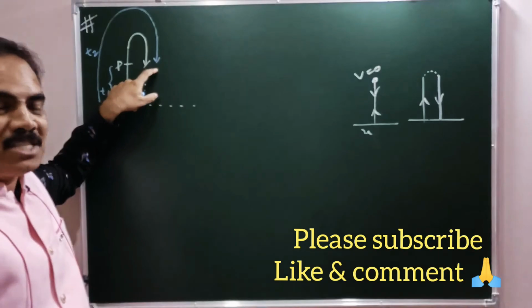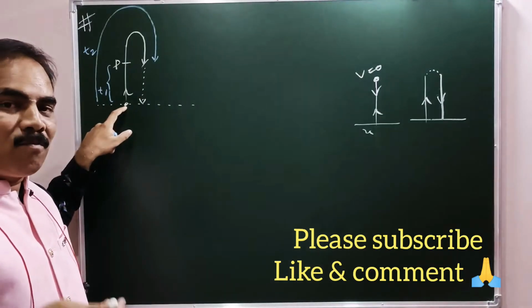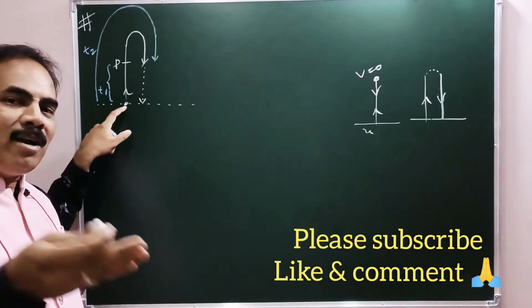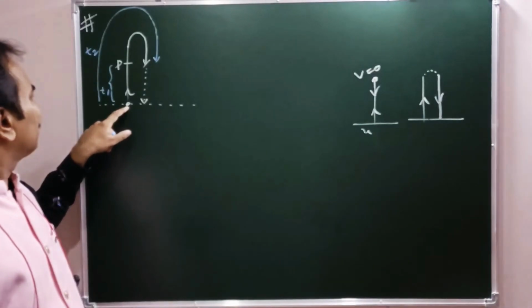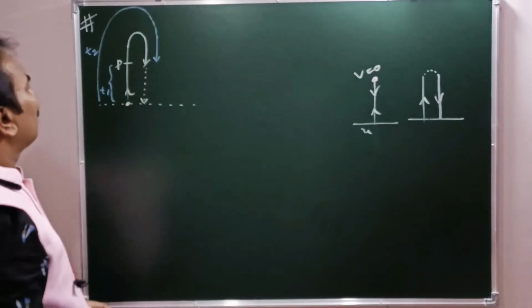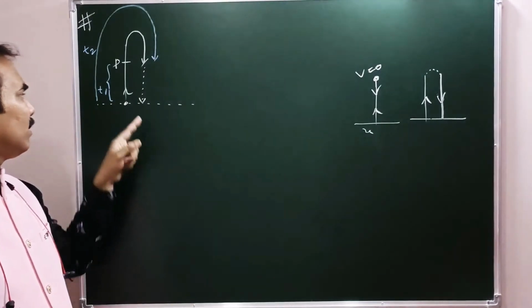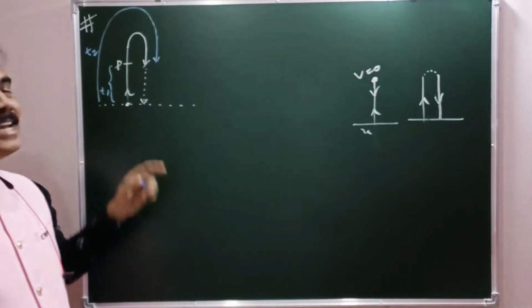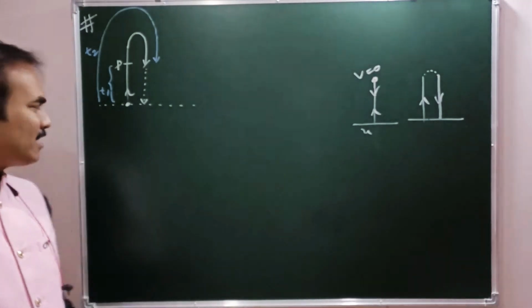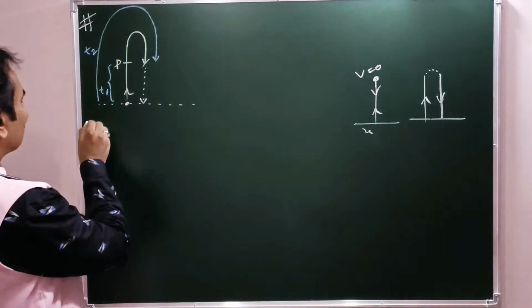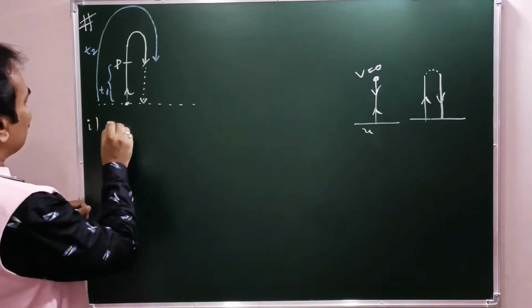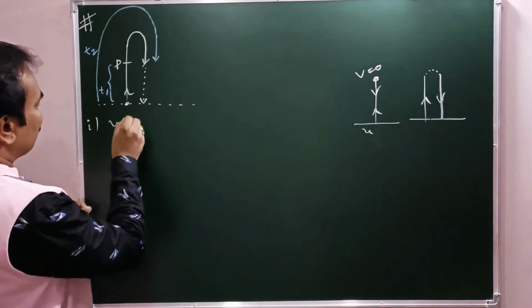Both times are measured from the point of projection, as shown. Now the question is, what is the initial velocity of projection? Question number 1: velocity of projection.